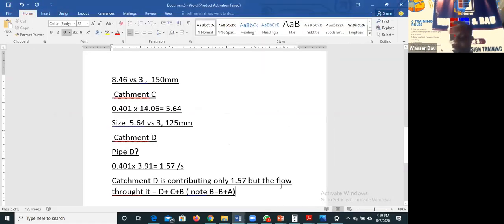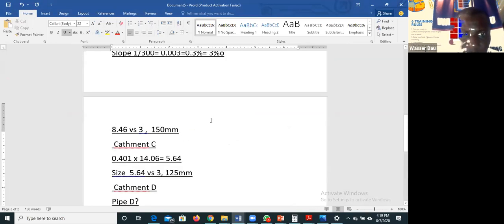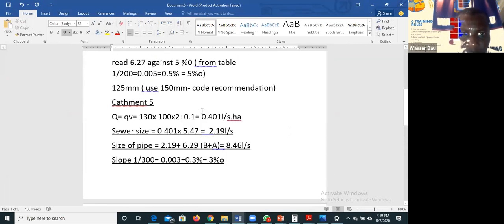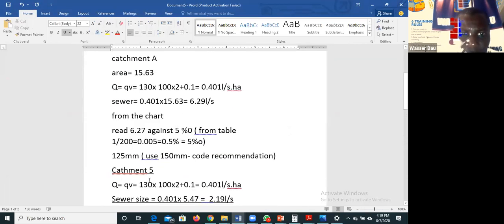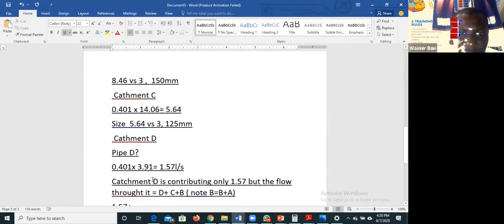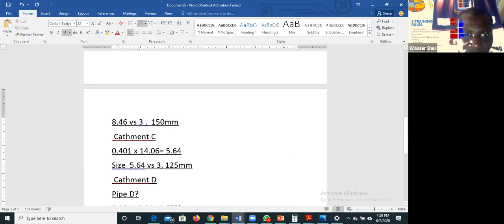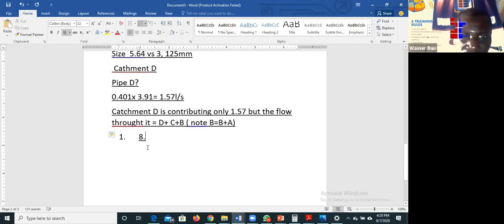And that becomes 1.57 plus, what's the value of B? Catchment B is 8.46.